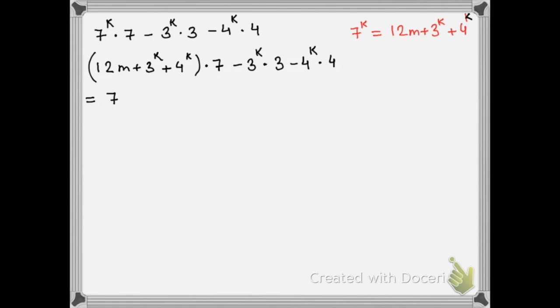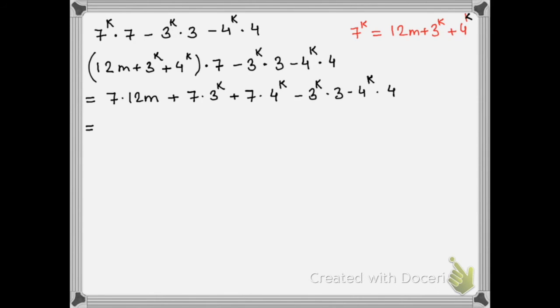I'm going to expand, so I'll just write 7 times 12m plus 7 times 3 to the power of k plus 7 times 4 to the power of k minus 3 to the power of k times 3 minus 4 to the power of k times 4.